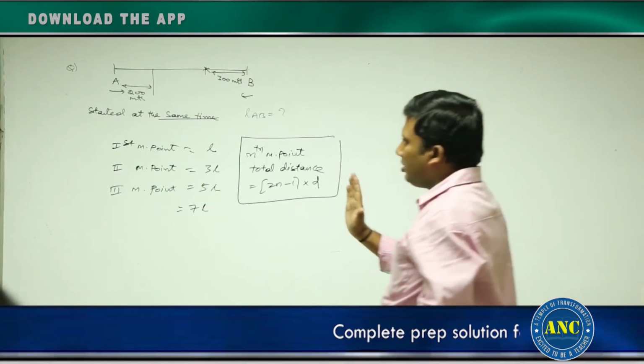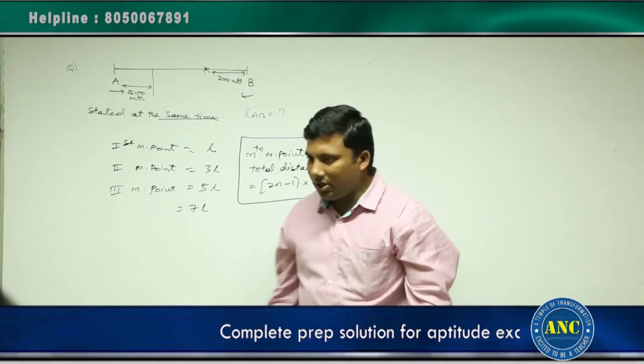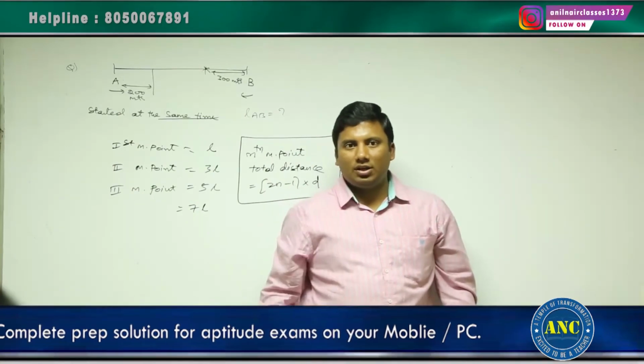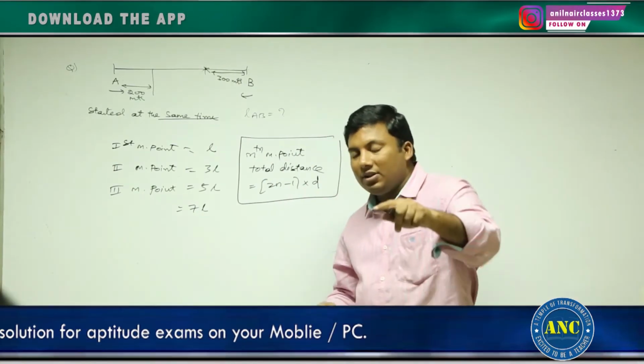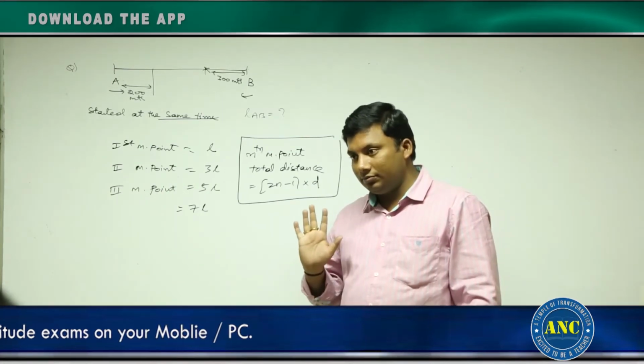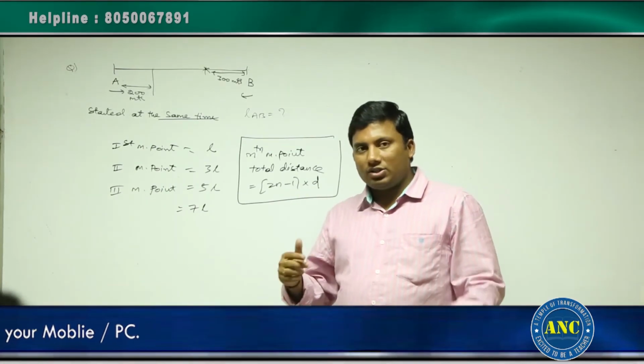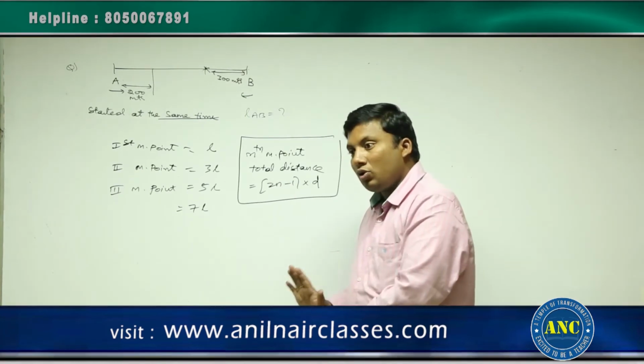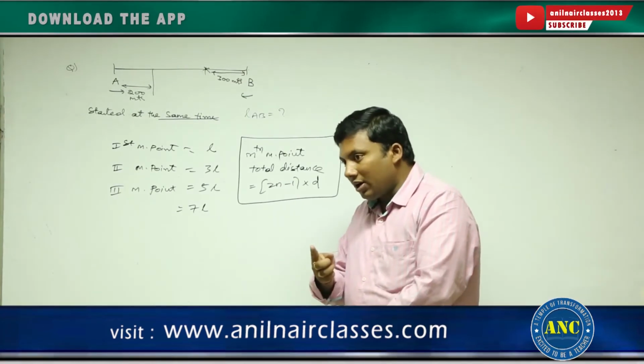See, Satya, listen. If suppose I am here, you are at that point. You are coming here, I am going there. We are meeting in between the journey. It will be L. Now, next. I went there, L. You came here, L. 2L. Then again you are going back to the source.